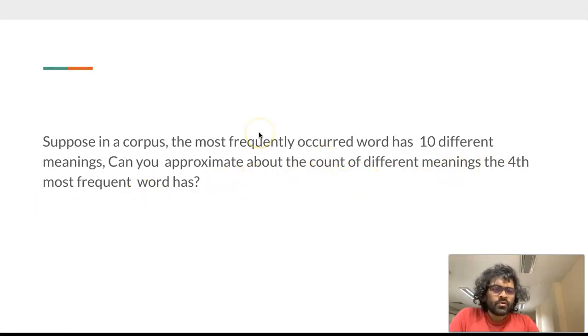So the most frequent word has 10 different meanings, and can you give us some approximate number of different meanings for the fourth most frequent word? Please do this also.